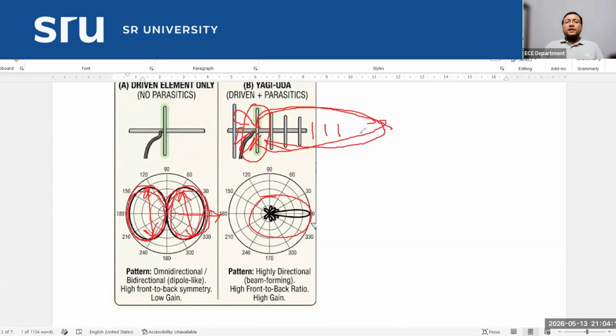If the radiation pattern is directional, then the beam will only be focused on the desired cell. It will not unnecessarily illuminate the other cells. This is the philosophy behind developing this antenna, and the name is Yagi-Uda antenna.